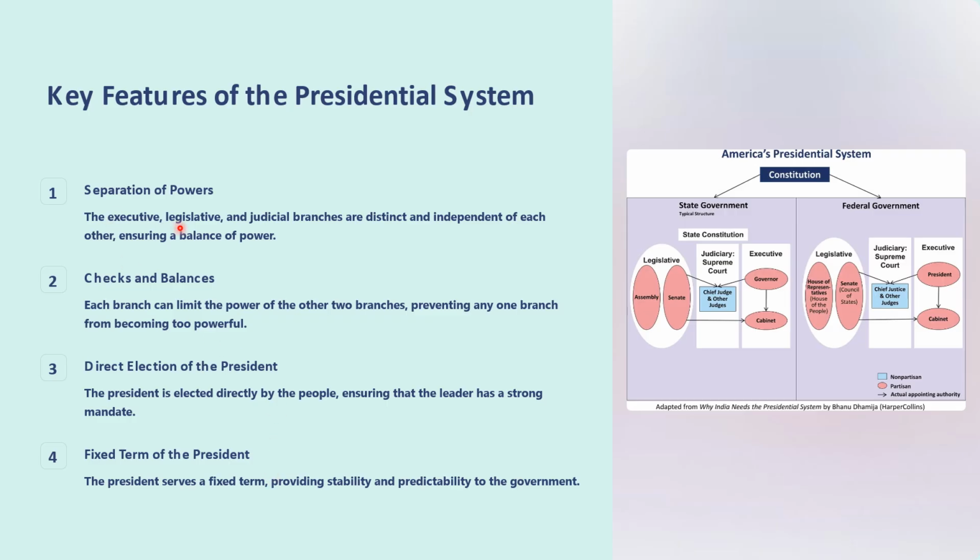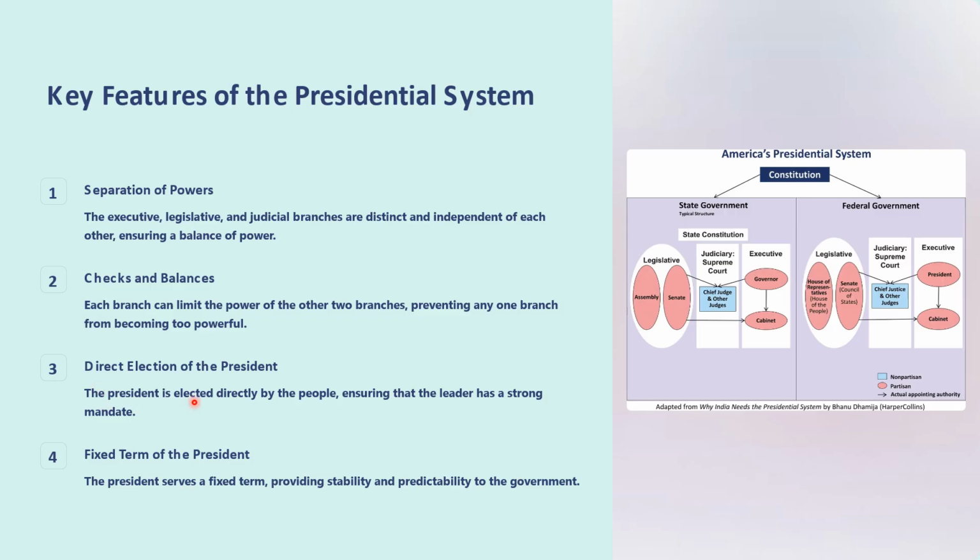The executive, legislative and judicial branches are distinct and independent of each other, ensuring a balance of power. These three branches are separate and independent. Each branch has distinct powers and responsibilities. And each branch has the ability to check the power of the other branches. This promotes accountability and prevents abuse of power.